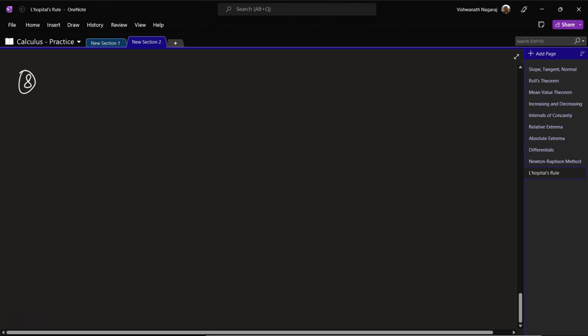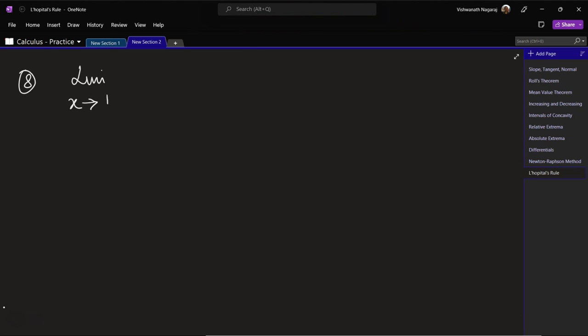Let's take the eighth one. Limit as x approaches 1 of 1 by x minus 1 minus 1 by natural log of x. Okay. If we do direct substitution, what do we get? 1 by 1 minus 1, minus 1 by natural log of 1 which is 0, which gives us infinity minus infinity, which is again an indeterminate form.